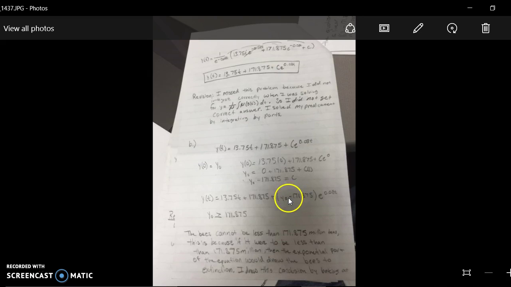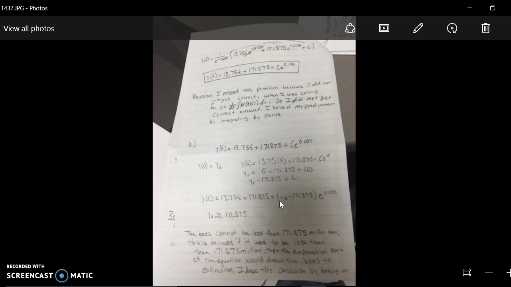So once this becomes below, not below 0, but below our 171.875, the exponential equation is going to be too negative. No matter how great the linear function A is, there's basically going to be no point where the exponential function takes over, and our bees will pretty much drive into extinction.